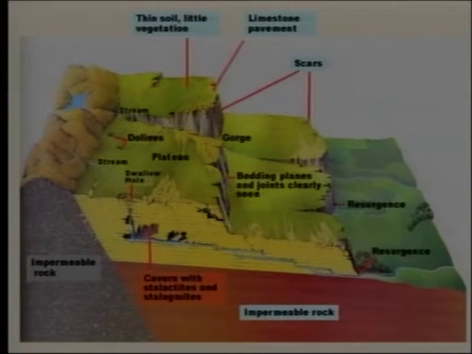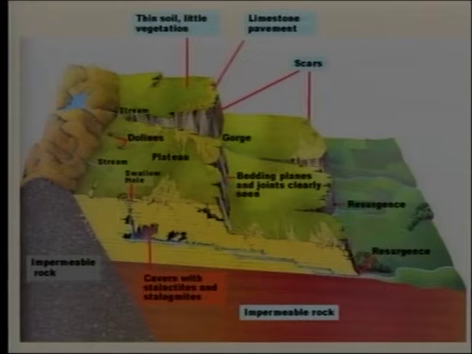How do we identify a karst topography from any other landform features? Here are some of the common features that tell you this particular landform is a karst scenery. We start off.